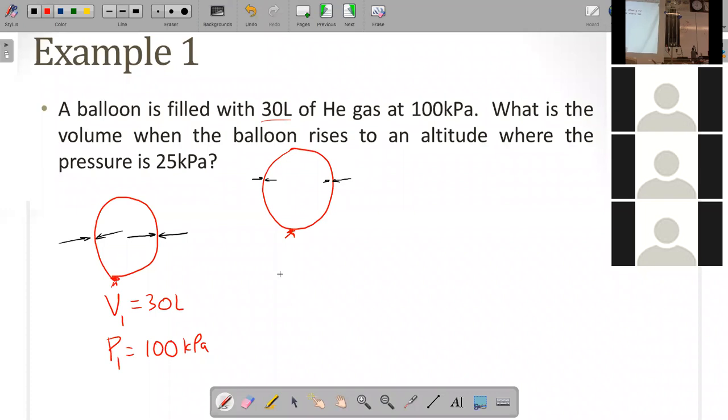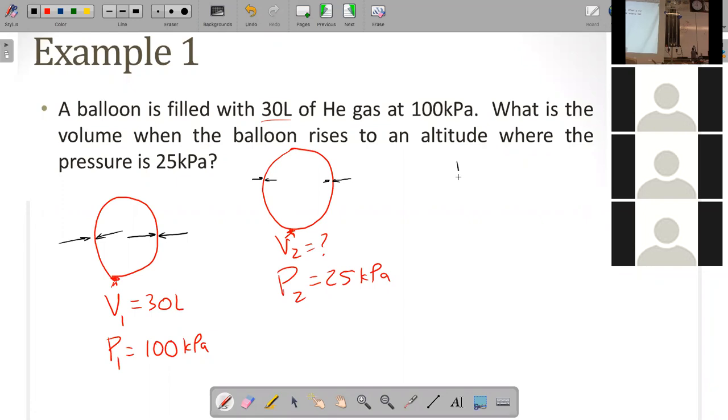But what you know is that this new pressure is 25 kilopascal, and the question is, what is its new volume? So what is V2? V2, question mark, you don't know. The volume was 30 at 100 kilopascal. We go higher up in the atmosphere, the pressure decreases, and that causes the balloon to expand. So pressure goes down, the volume goes up.